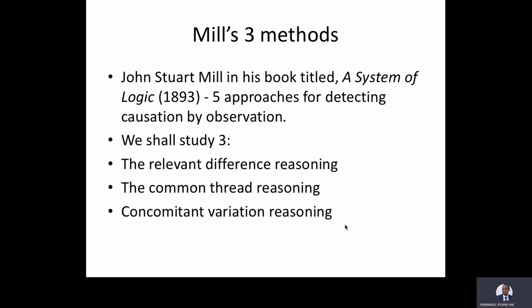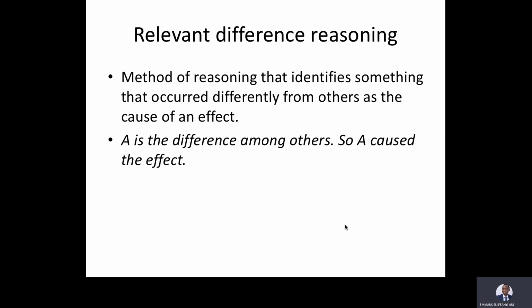John Stuart Mill, in his book titled A System of Logic, had enunciated 5 approaches for detecting causation by observation. And out of these 5, we shall study 3. The 3 of them are the relevant difference reasoning, the common thread reasoning, and the concomitant variation reasoning. So let's look at the 3 of them. We'll begin with the relevant difference reasoning.